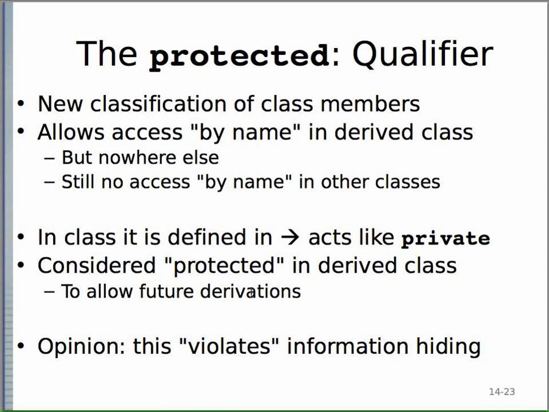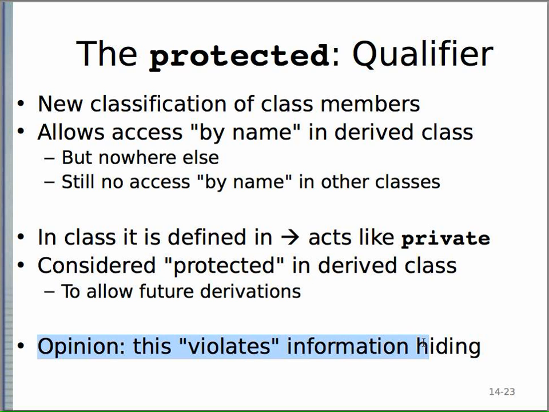So if you have a new subclass that extends a base class, that is a new derived class, then you can access data members in that new class. According to a lot of object-oriented programming people, this violates information hiding. The basic idea of information hiding is make everything private, make it not be accessible.